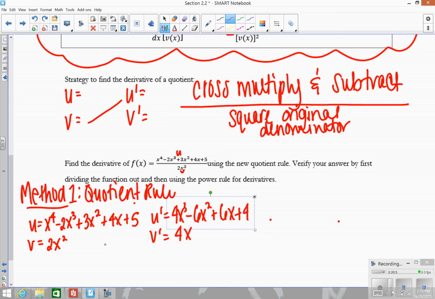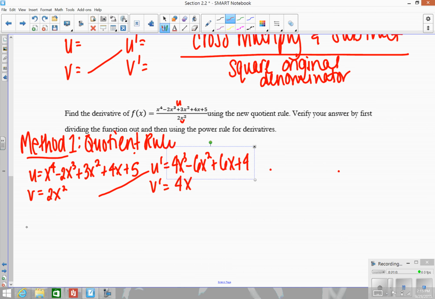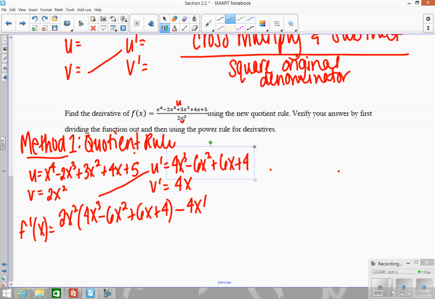So now, just like before, bottom to top across. So f prime of x will be 2x squared times 4x to the third minus 6x squared plus 6x plus 4 minus 4x times x to the fourth minus 2x to the third plus 3x squared plus 4x plus 5, because it's the product of u and v.